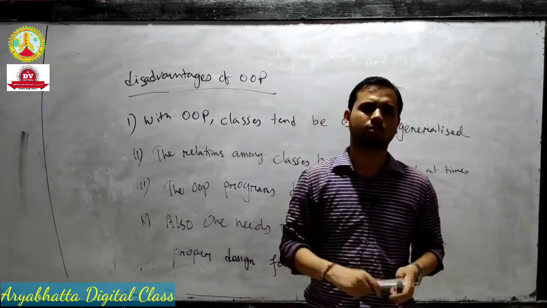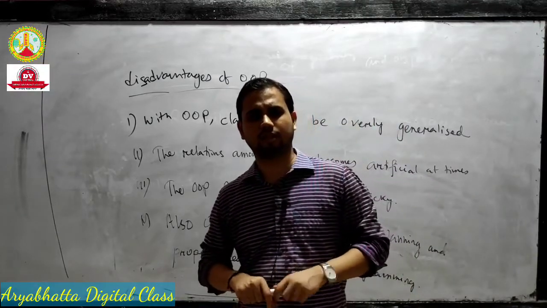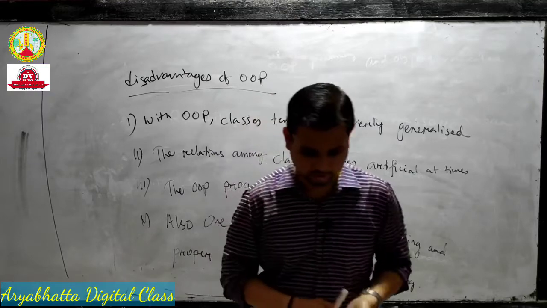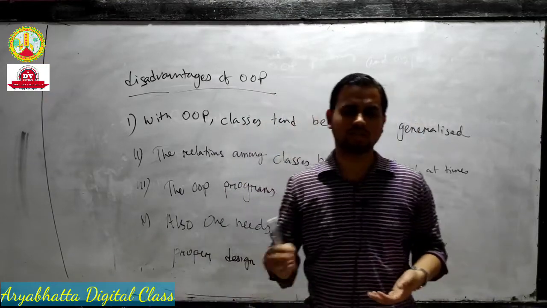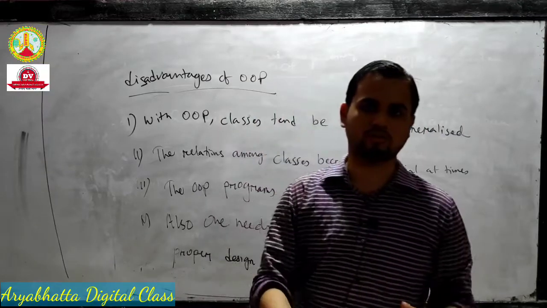Suppose I ask you to write a program for the area, perimeter and diagonal of a rectangle. You first have to know what the area, perimeter and diagonal of the rectangle are, then you perform it.